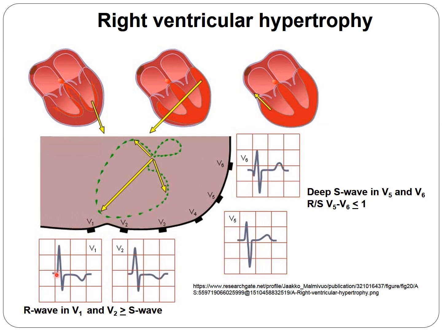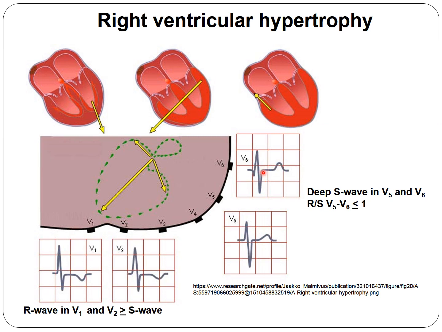This is why in V1 we have a tall R and not as deep an S wave. This R is getting taller toward V2, and in V5, V6 we have a deep S wave, and of course the QRS complex is getting wider.